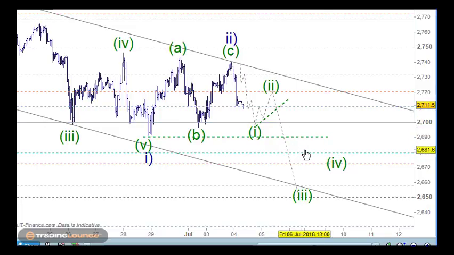So it gives you a lot of opportunities to build into the trade, rather than shoveling it all in one hit. Fantastic opportunity arising here at the moment for this market.